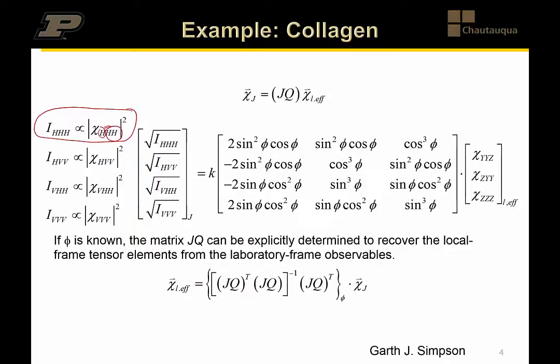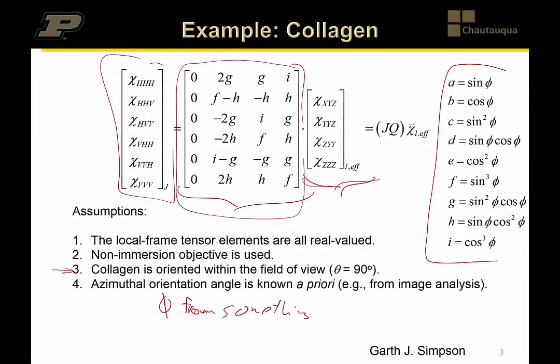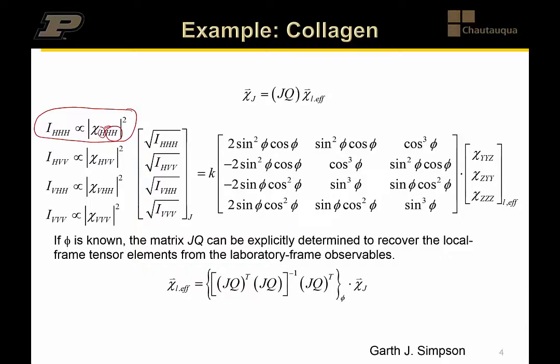In this case, if the local frame tensor elements are all real valued, then the intensity is proportional to the squared magnitude of chi-HHH, and the square root of that intensity will be directly proportional to chi-HHH.